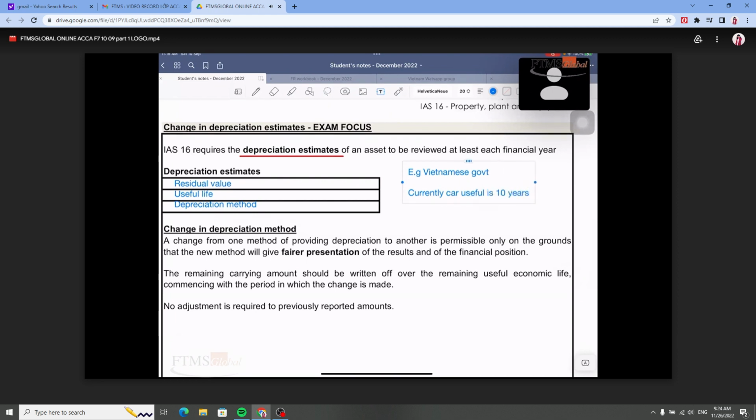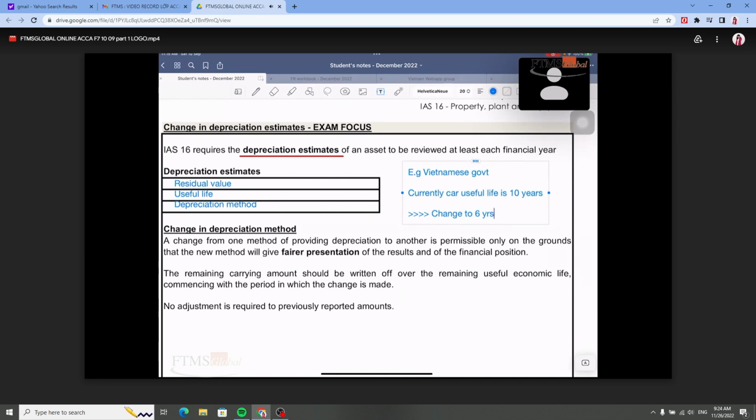Not very sure, I'm just guessing. Of course, this can change. Currently it is 10 years. Then suddenly your government announces, I'm going to change this rule, change the useful life to maybe 6 years. Then this is what you should do to your existing asset.